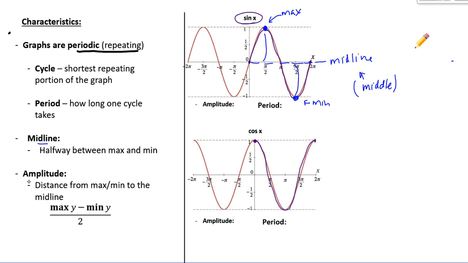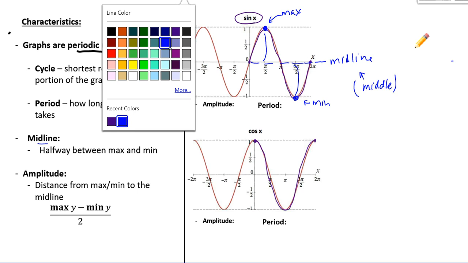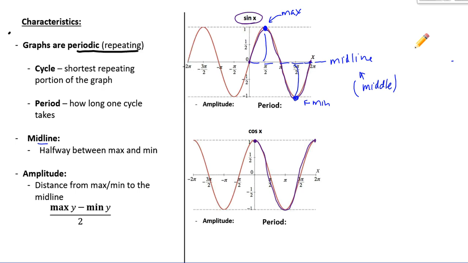Okay, amplitude. Now this is a different word. This is talking about kind of the height of your graph. How far is it from that midline up to that maximum, or from that midline down to that minimum? Well, in this case, we started at 0, right here, and we went up over here, so our maximum is at 1.